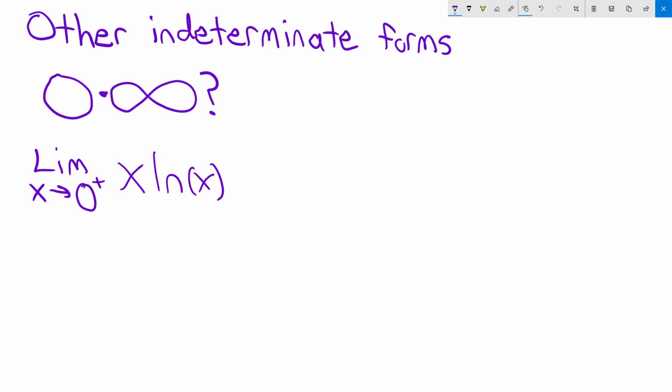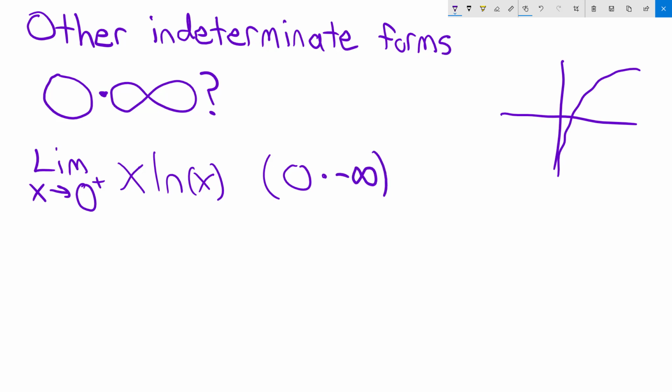But looking at this, we're going to have something that is 0 for x times, well, what happens to natural log of x as x approaches 0? Remember the graph of natural log has a vertical asymptote at x equals 0. So actually it goes towards negative infinity. This is still the same as this indeterminate product form. It doesn't matter if infinity is positive or negative. It's still an indeterminate form.